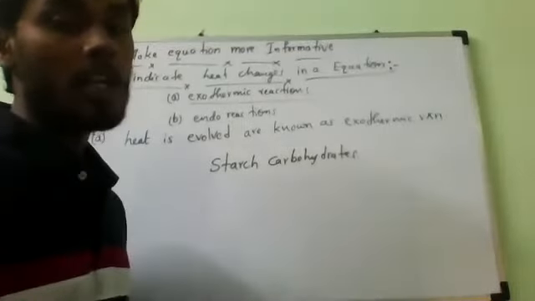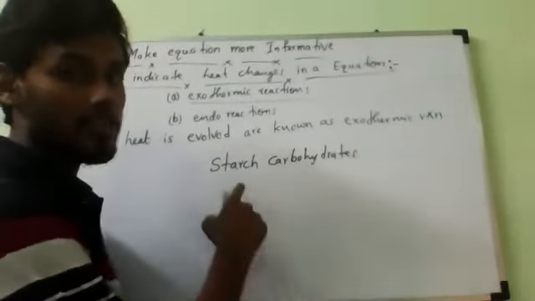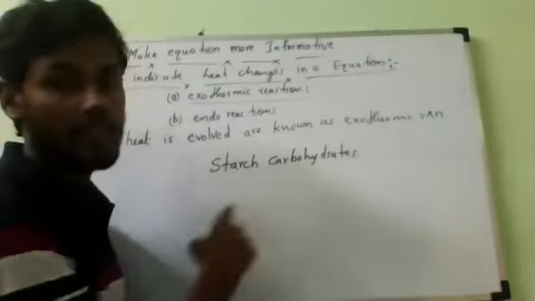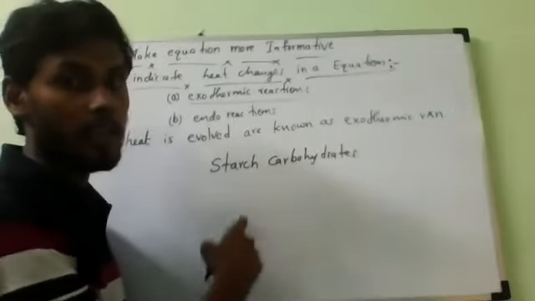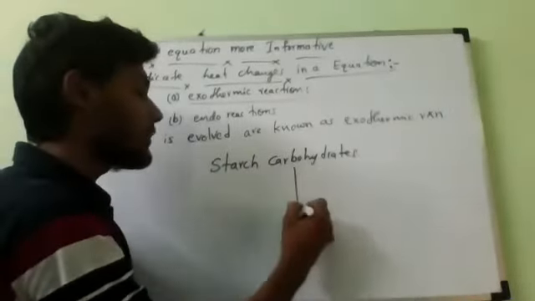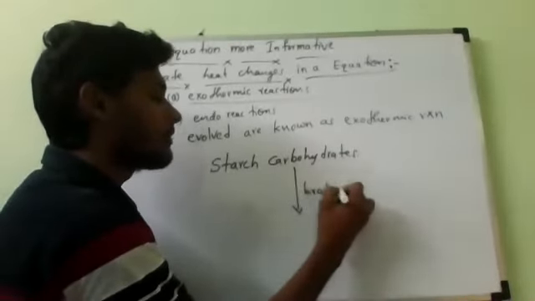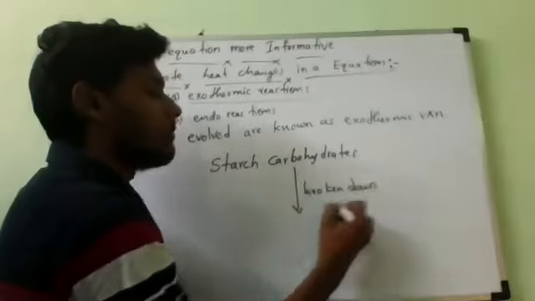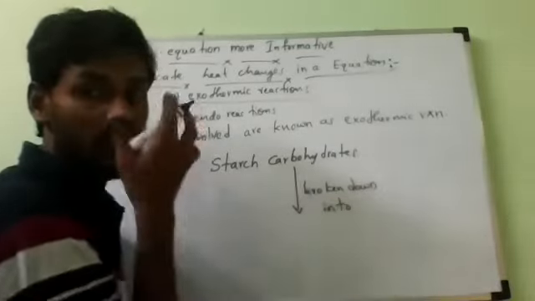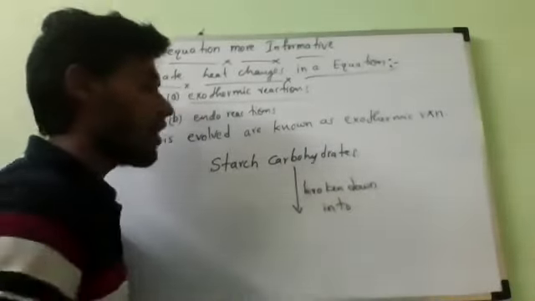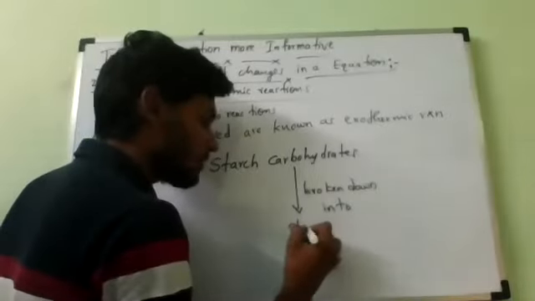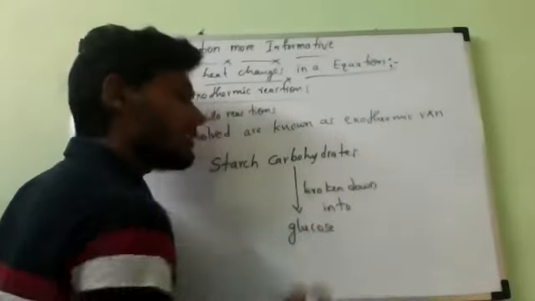So what will happen during digestion? These starch and carbohydrates are broken down into a simpler carbohydrate called glucose, what we used to call instant energy.